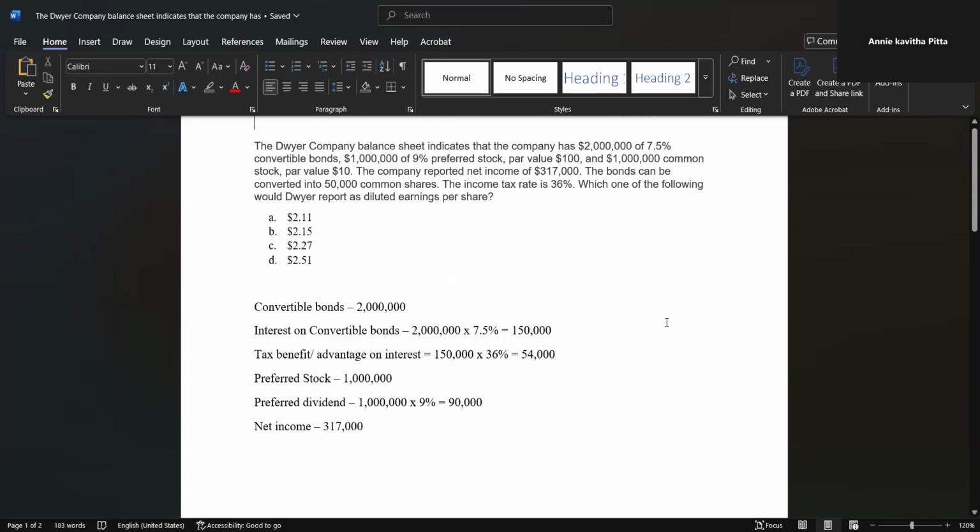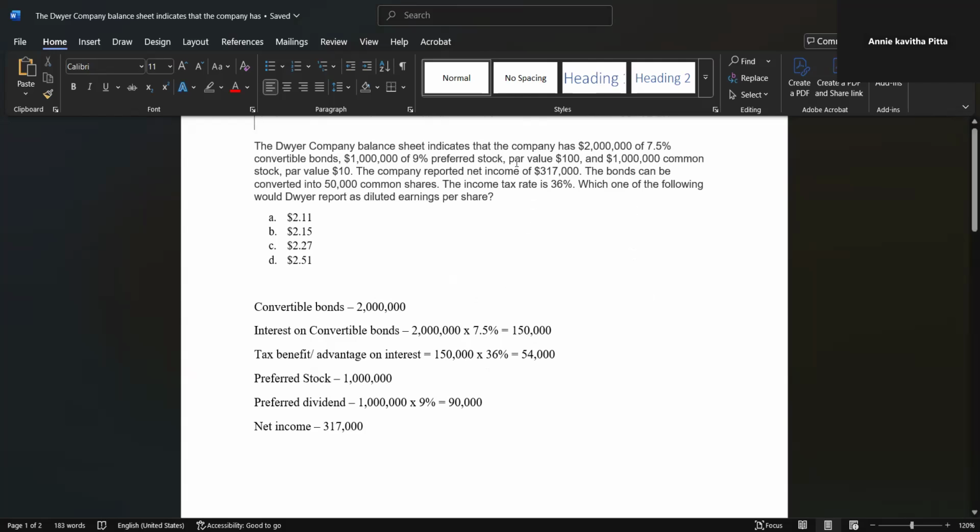Interest on that is 150,000. If 150,000 interest is deducted, the firm enjoys a tax benefit of 54,000, at the tax rate of 36%, or tax benefit of the firm.